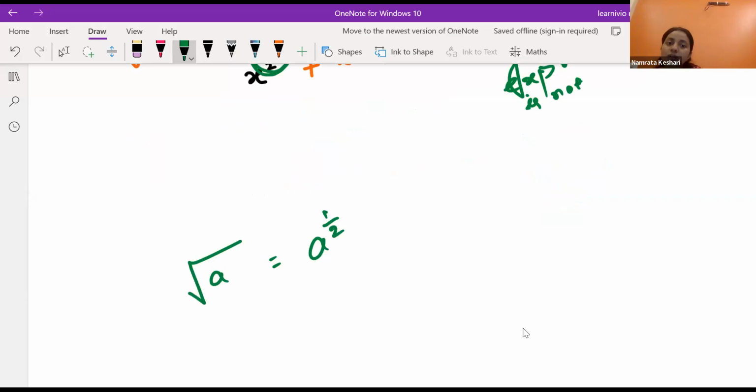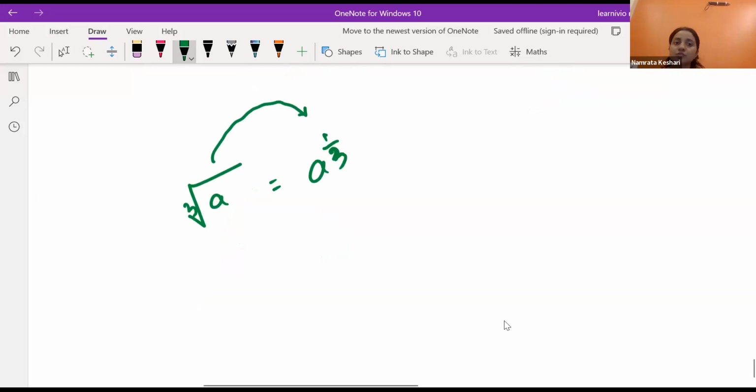I'm not telling you that you should know it; for the very first time, I'm telling you that this square root can be written like this. Here 2 was there, so we write power 1 by 2. If 3 was there, then we would write power 1 by 3.